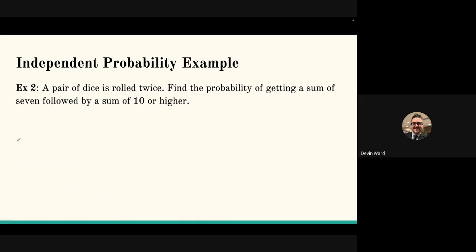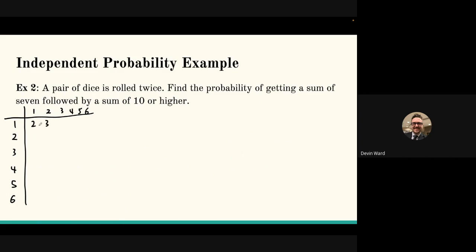Okay. So let's just make our table again quickly. If you want to use the one from the previous page, you can do that. I'll just have to remake one here. 3, 4, 5, 6.